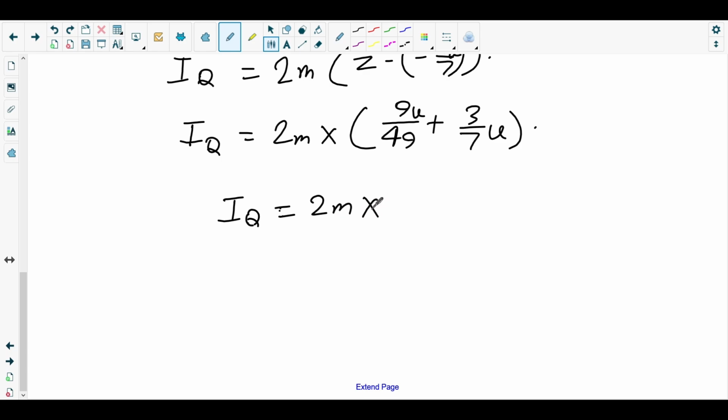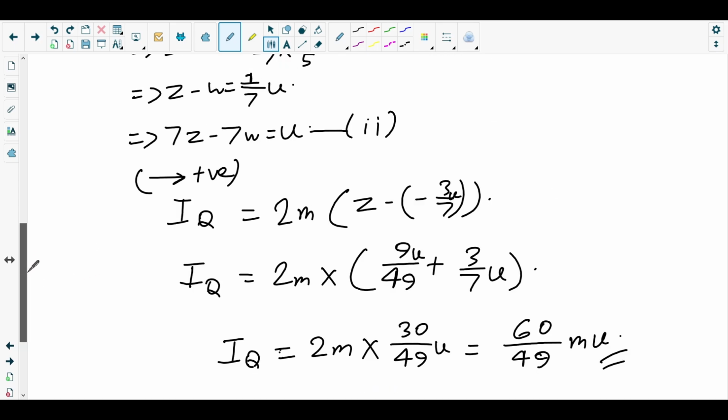Let's use the calculator. 9/49 plus 3/7 is 30/49, so 30/49 u. Its magnitude is basically 60/49 mu. That's the impulse received by particle Q in the second collision.